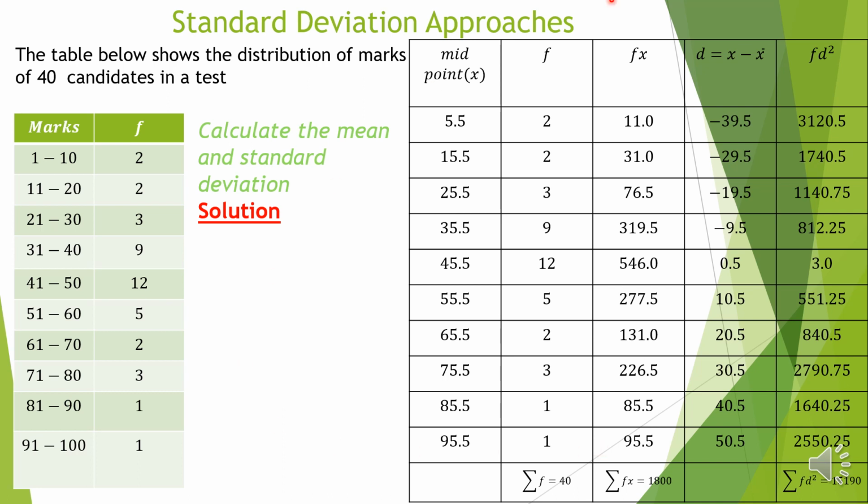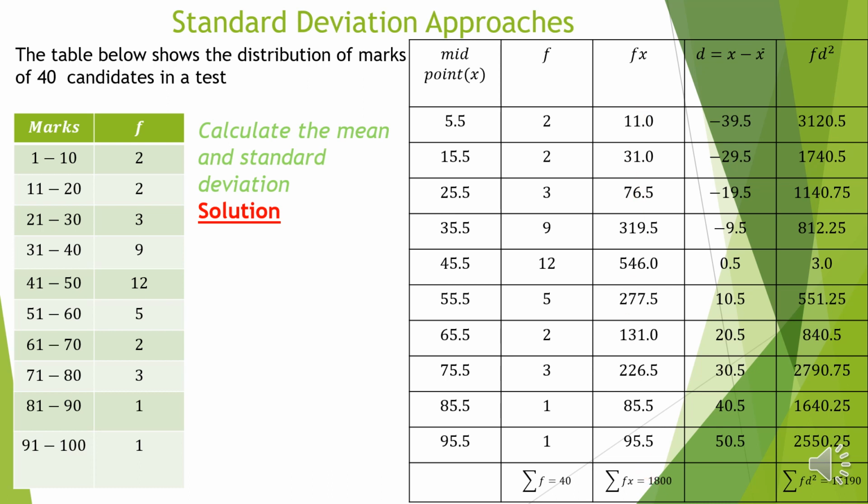So what I'm doing next is I'll sum up the total frequency, which gives me 40. And then similarly, I'll sum up the total of the products fx, which by summing up downwards here, I'm getting 1,800.